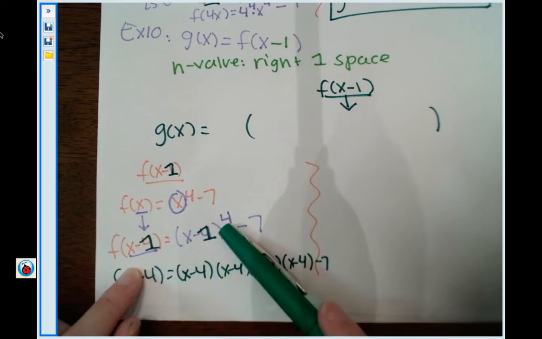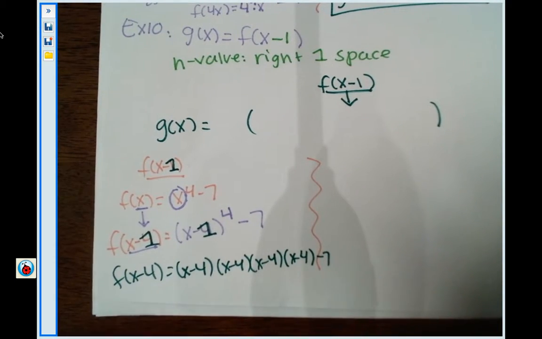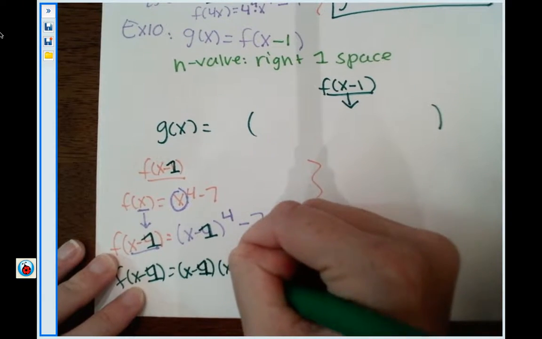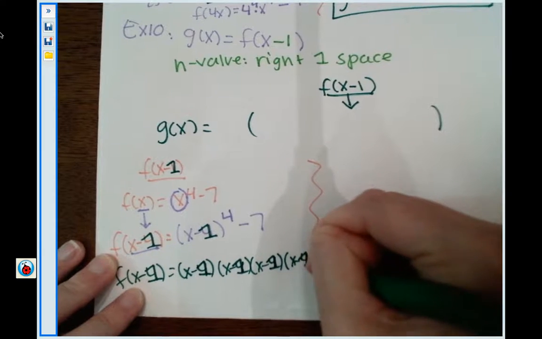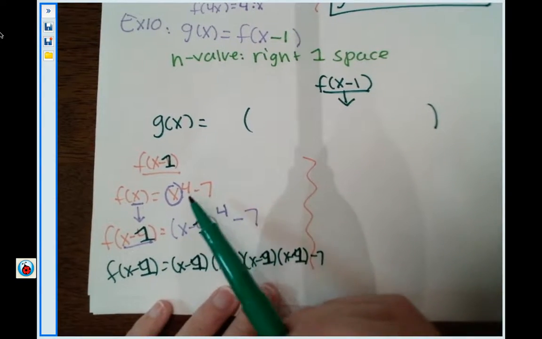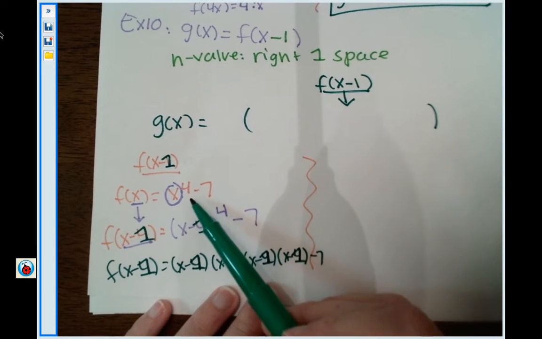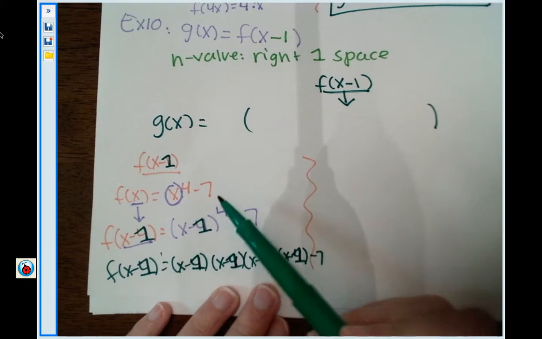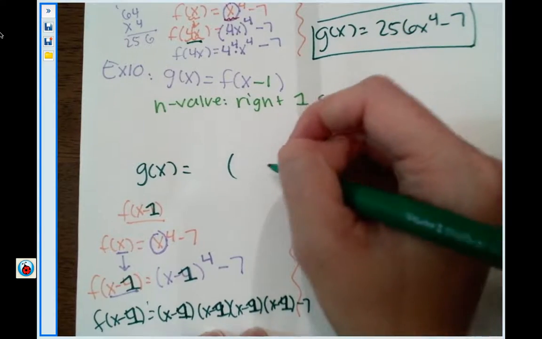That's all that happened. And all these would be x minus 1s technically: f of x minus 1, x minus 1, x minus 1, and x minus 1. Sorry, guys, about that. We got it straight. So this will be x minus 1 to the 4th power minus 7.